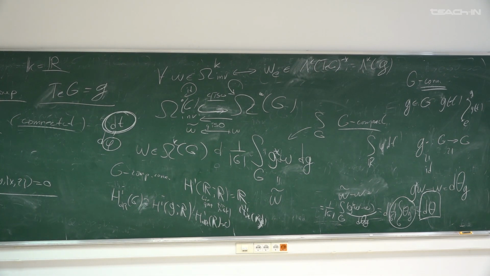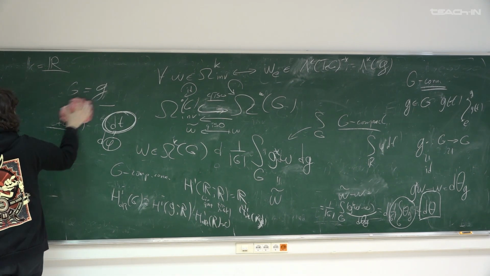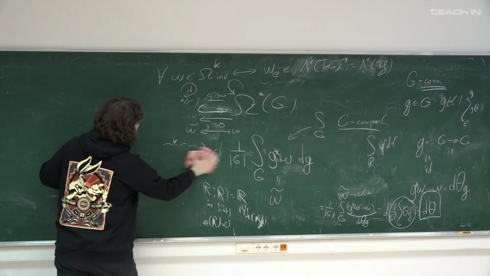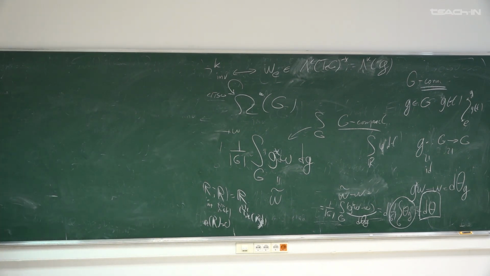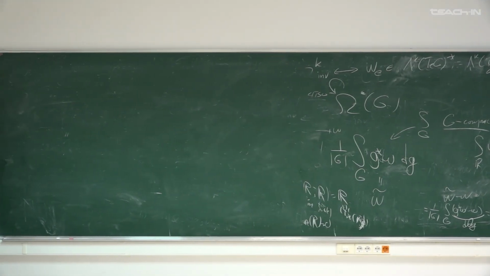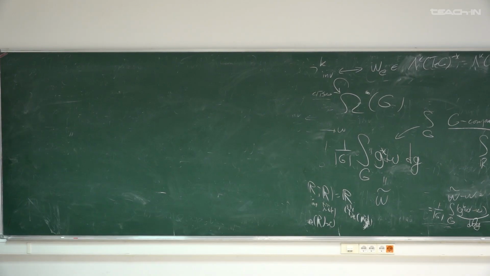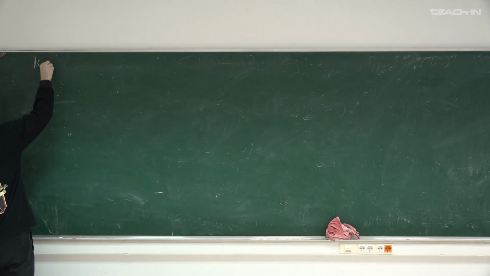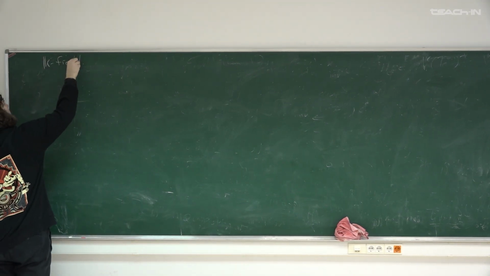Okay, now it was about Lie groups, and now about Lie algebras. Semisimple Lie algebras. First of all, K is, of course, a field.